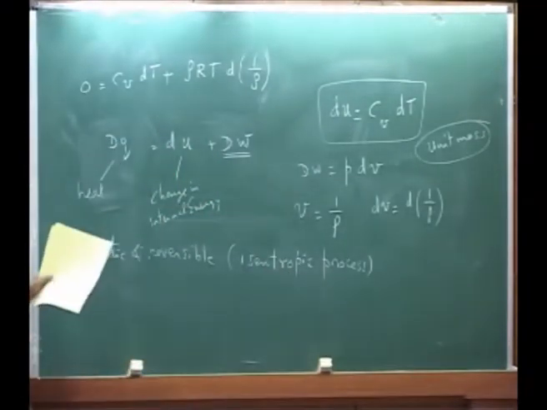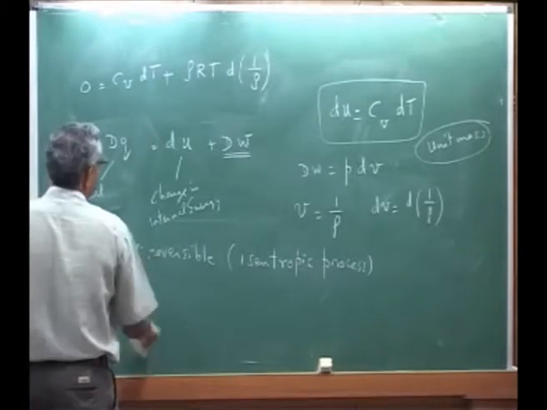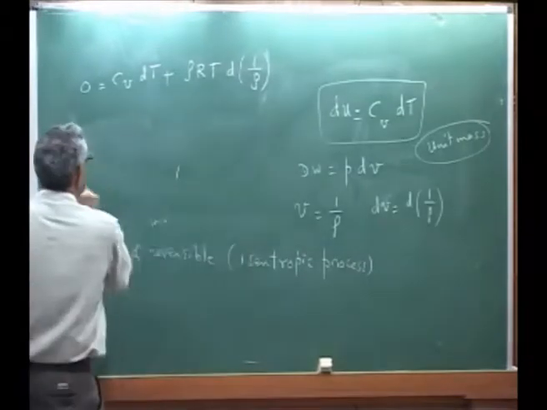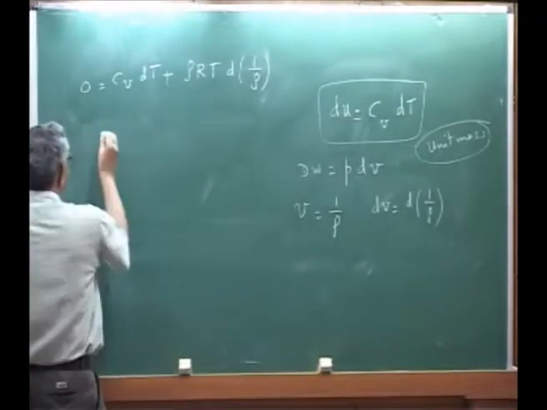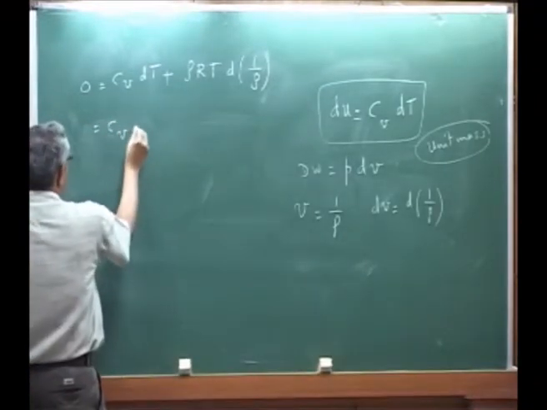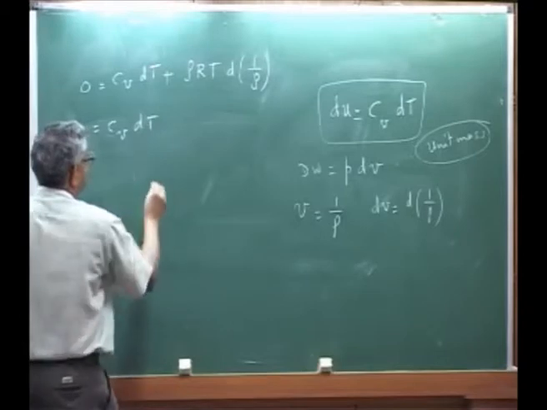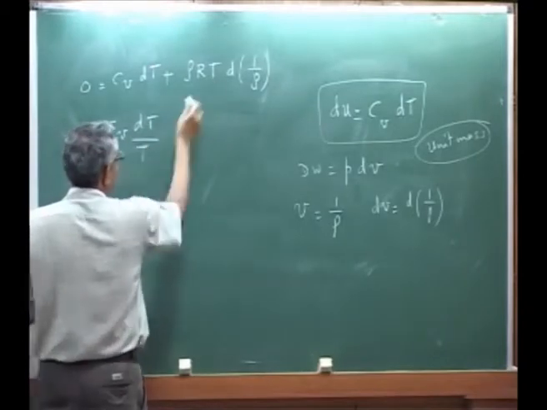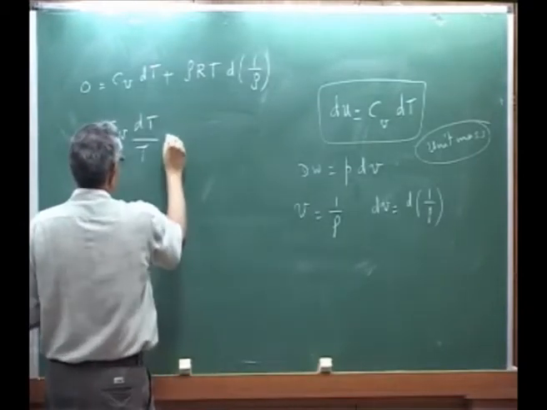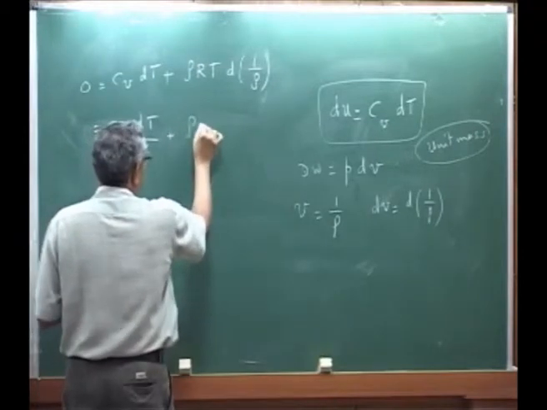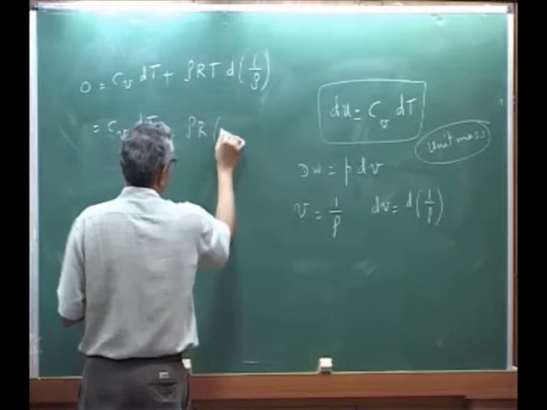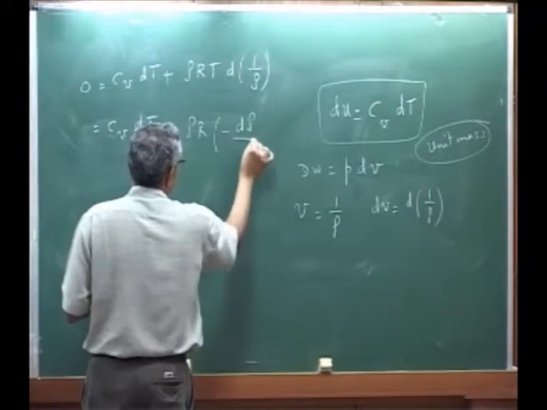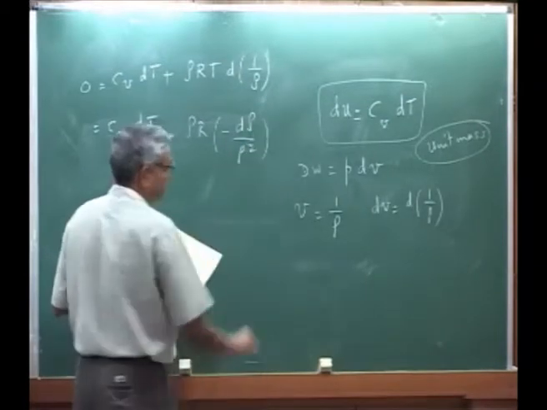Okay. Now this equation I write in this fashion: cv dT over T, because I divide by T, plus rho R d of 1 over rho, which will have a minus.